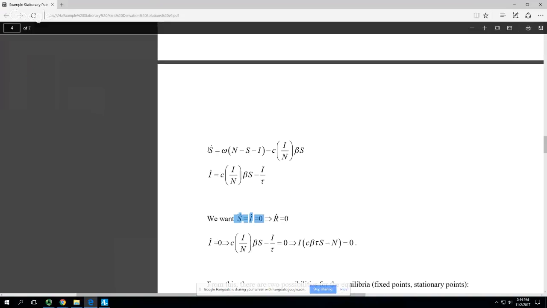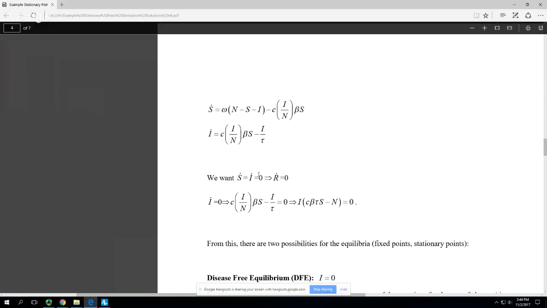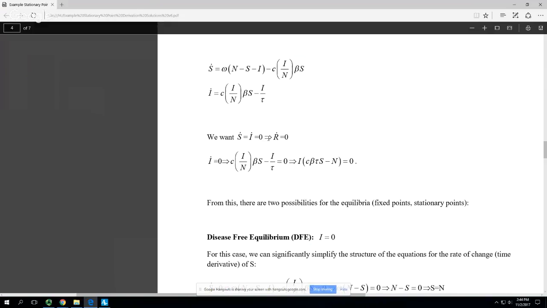So at equilibrium, if S is in balance, the inflow equals the outflow, and S dot is 0. The stock is not rising, it's not falling. It's staying in equilibrium. And similarly, we want I dot, the rate of change of I, to be 0 as well. So the inflow equals the outflow. And if we have those being 0, given that that's a fixed population, R dot is 0.